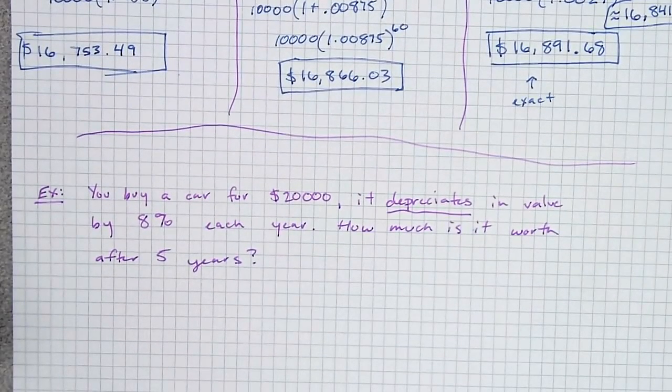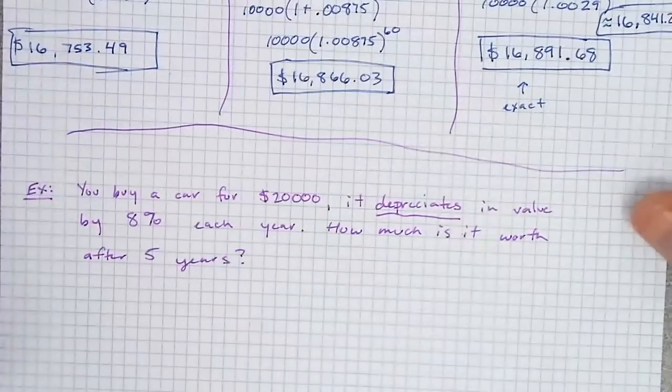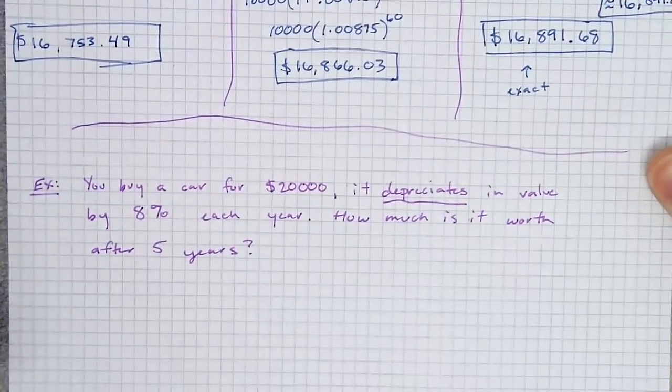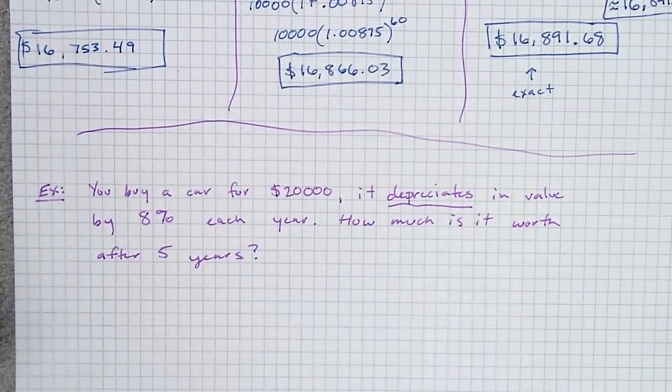If you know anything about cars, they depreciate in value. If they depreciate in value, that means they're going down, by 8% each year. And now you need to figure out how much it's going to be worth after 5 years.